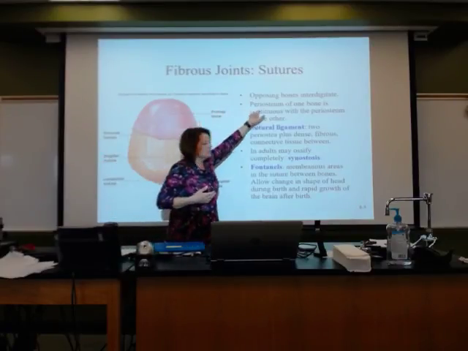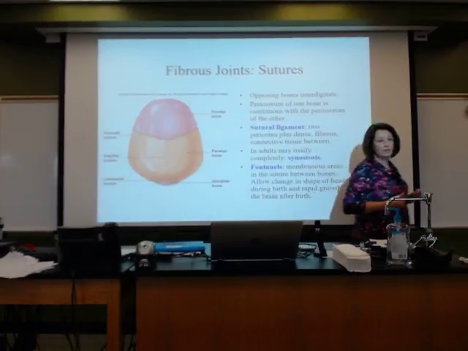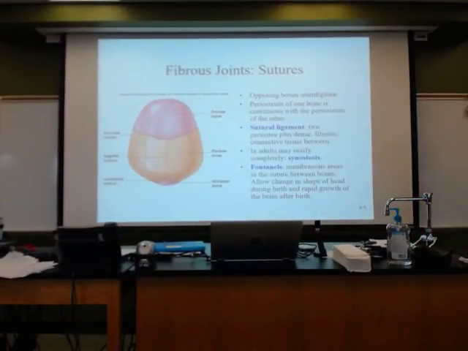Do you remember this term right here, the periosteum? What is the periosteum? The wrapping around the bone that contains cells that we need. Do you guys remember that? Okay. Wait a minute. In the skull? Why?